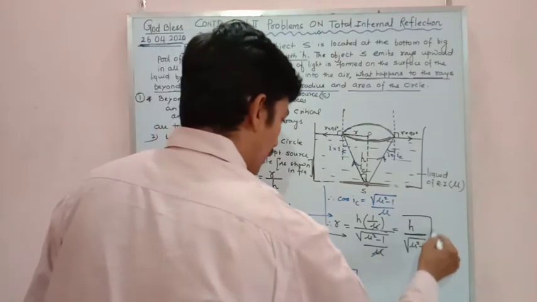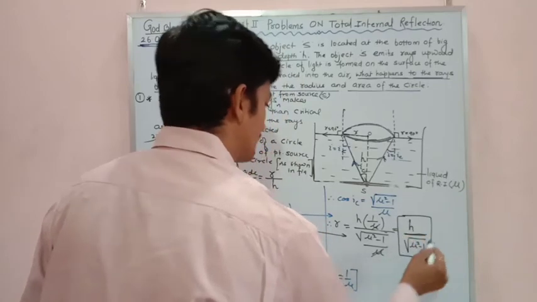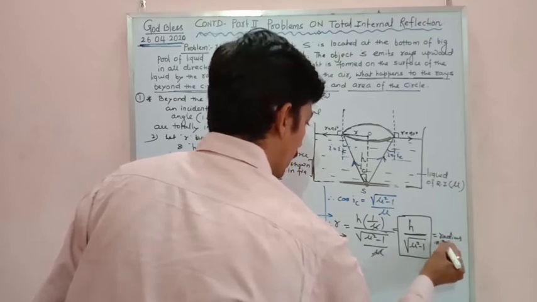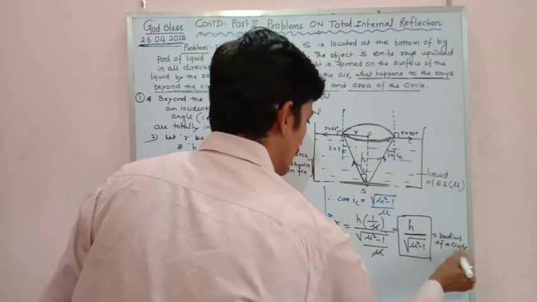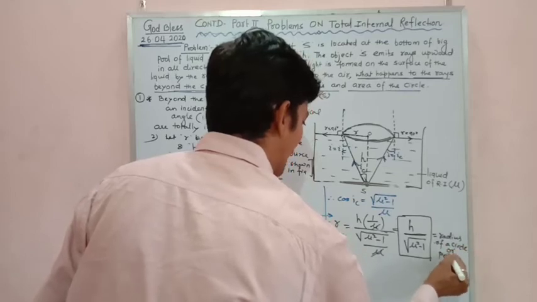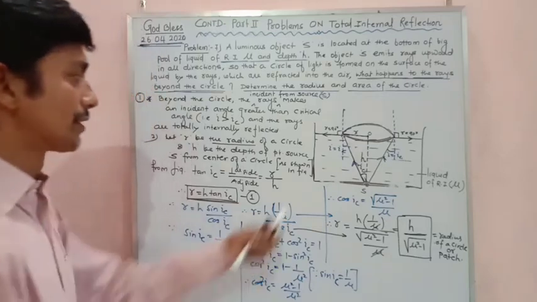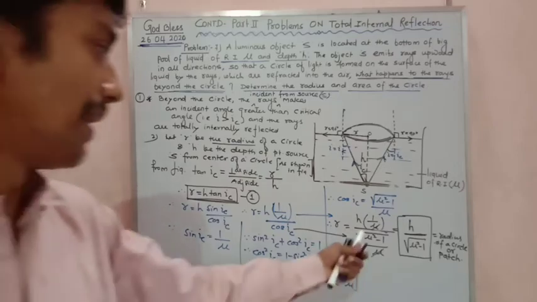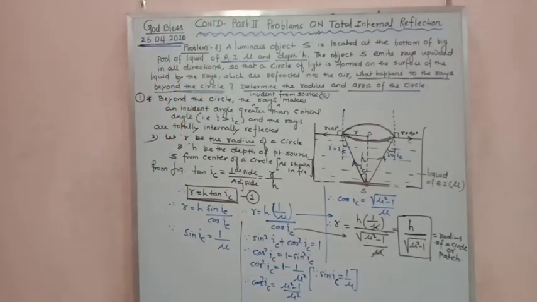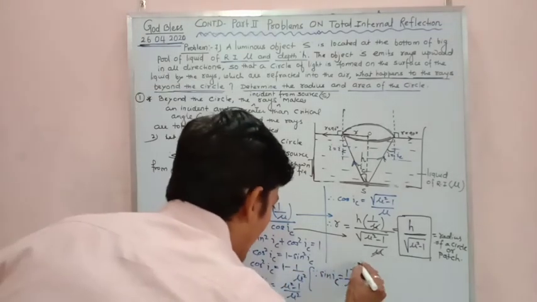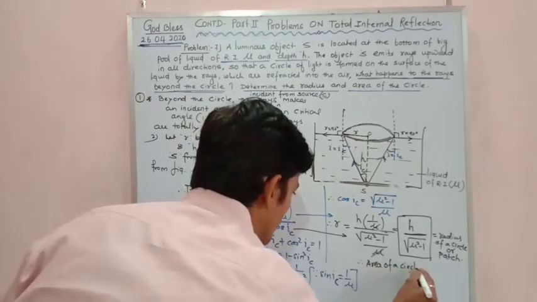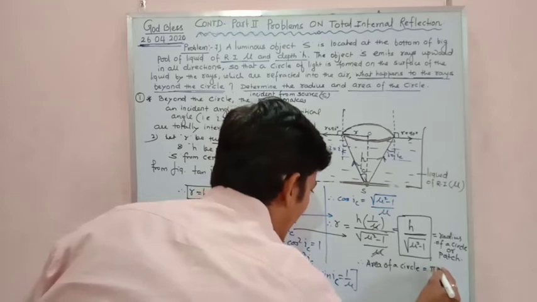This is the value for the radius of a circle, or I can call that circle a patch. So it is clear, my dear, and this is the radius of the circle or patch we got. Now the area of a circle is simple, that is pi r square.